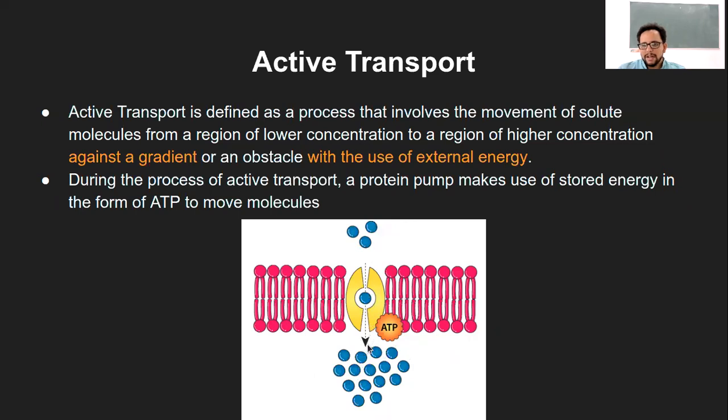You can also see the direction of the arrow, from where to where it is moving. If these three molecules have to be moved down across this membrane through this protein pump, it will require energy because it is flowing against the concentration gradient.